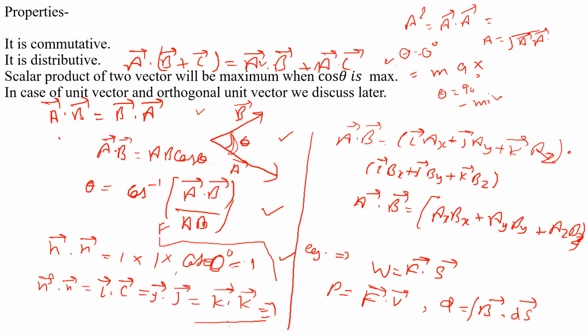In case of orthogonal unit vectors i, j, k, we can also say i vector dot j vector is equal to j vector dot k vector is equal to k vector dot i vector is equal to 0, because cos theta is 0, meaning theta is 90 degree.